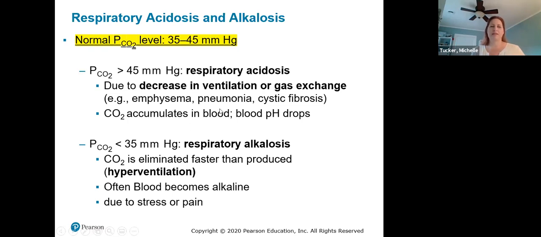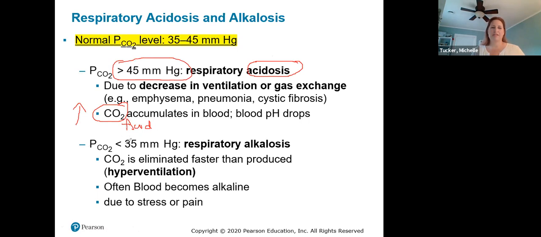Always remember that CO2 acts as an acid. So if you increase CO2, pH decreases and the blood becomes acidotic.